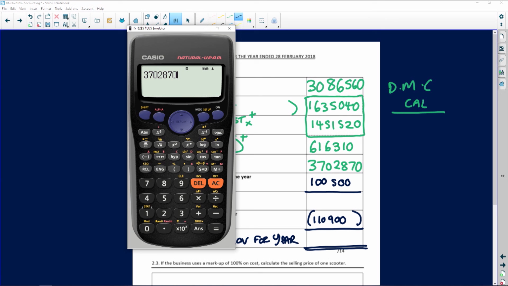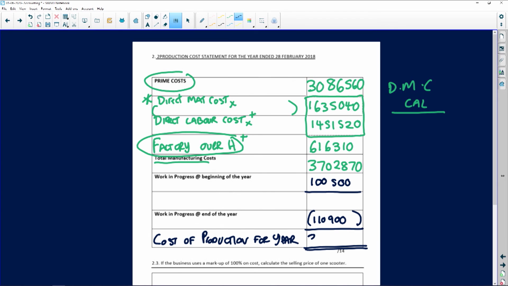I am adding work in progress at the beginning of the year, so plus 100,500, and I am minusing the 110,900, and that's giving me the total cost of production for the year, 3,692,470. So we're down to the last question.